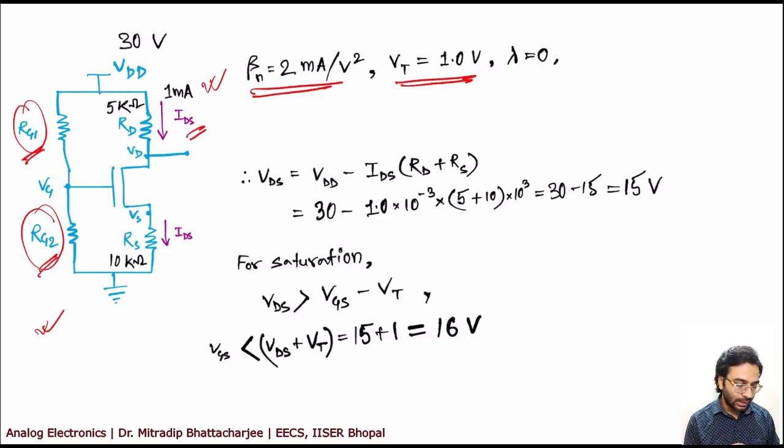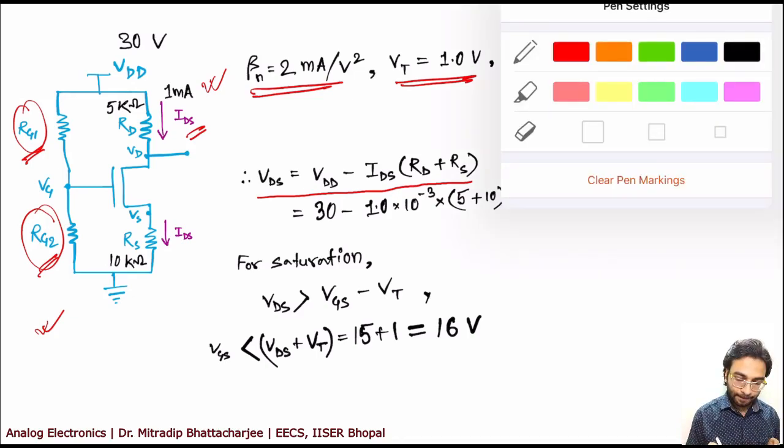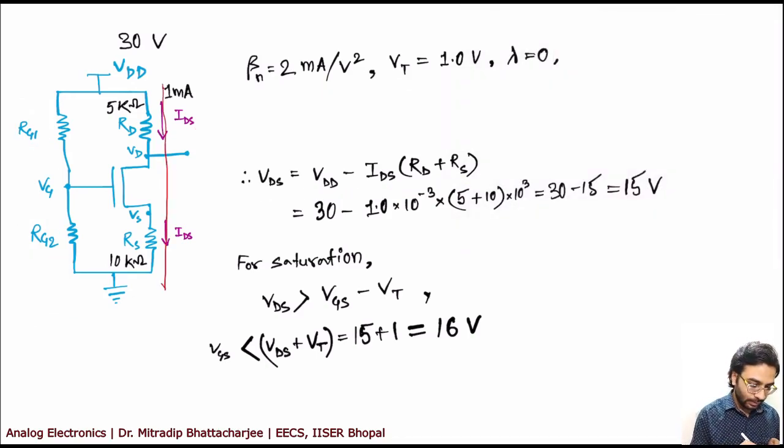So if you look at this one, say you consider this loop or this path. What you are getting?